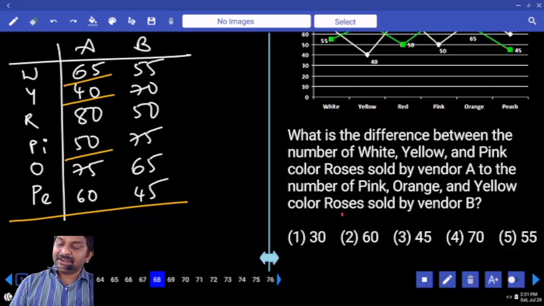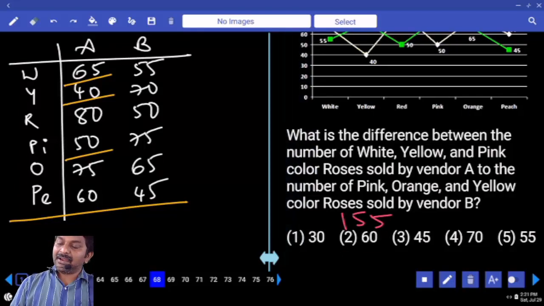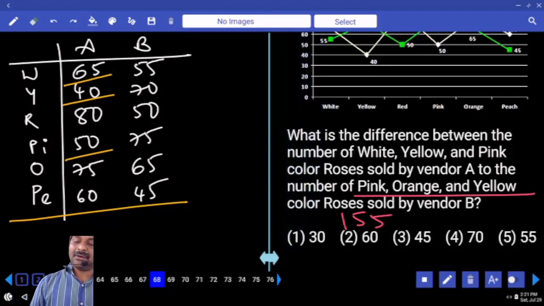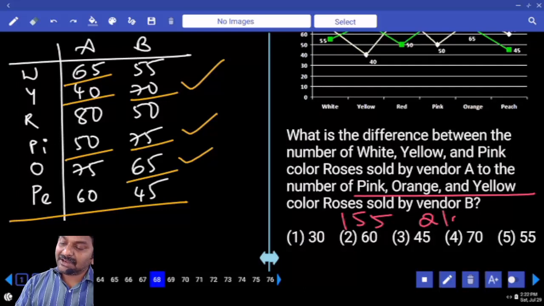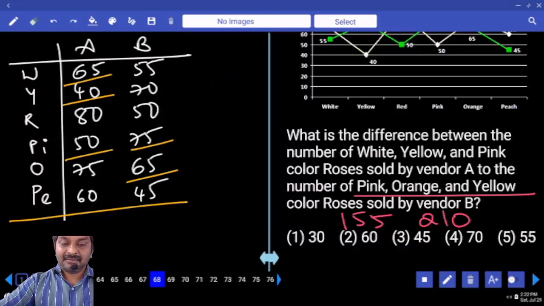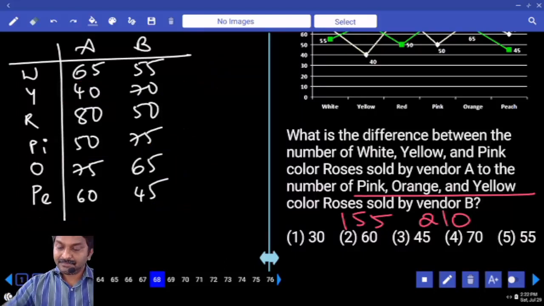We were asked to calculate the difference between this 155 and pink, orange, yellow color roses sold by B. Pink, orange and then yellow. 65 plus 75, 140 plus 70, 210. We were asked to calculate difference between 210 and 155. 155 is how much less than 200? The other fellow is how much more than 200? 45 plus 10, 55 is our answer.